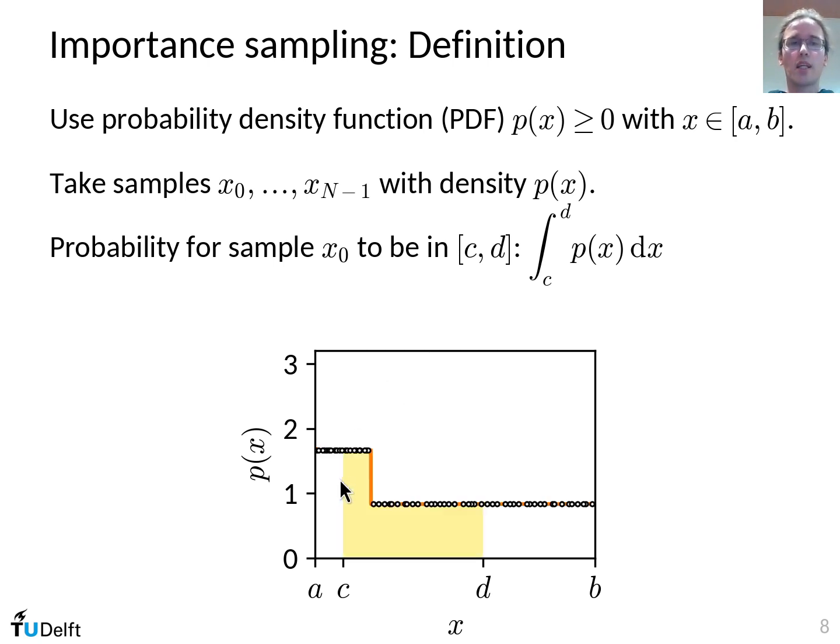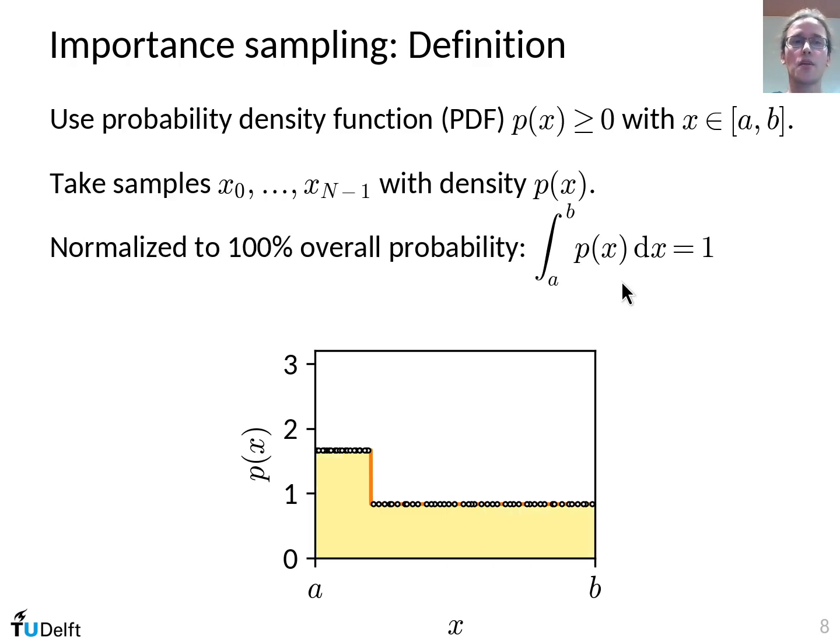And then we can take samples proportional to this density. What that means is that when we look at one of these samples and we look at some interval from c to d, then the probability that our sample is within this interval is exactly the integral over this interval of our probability density function.